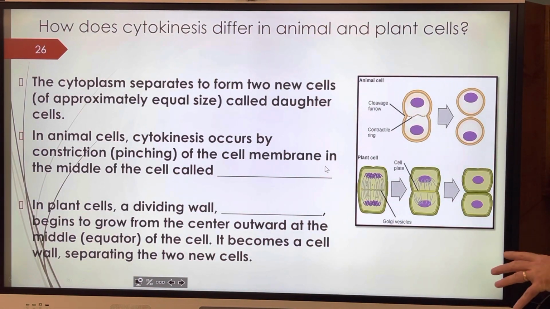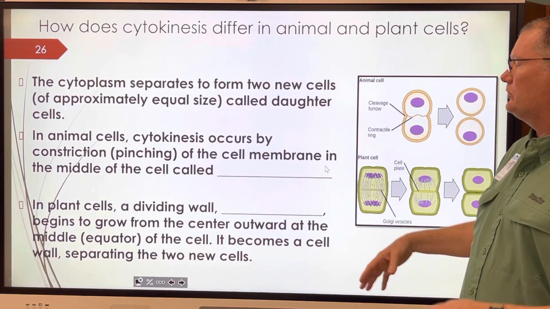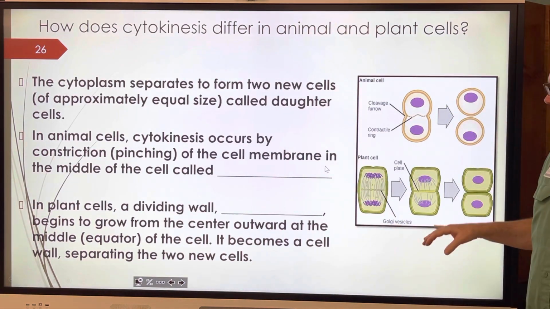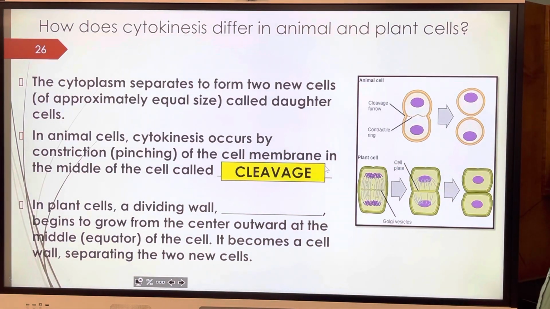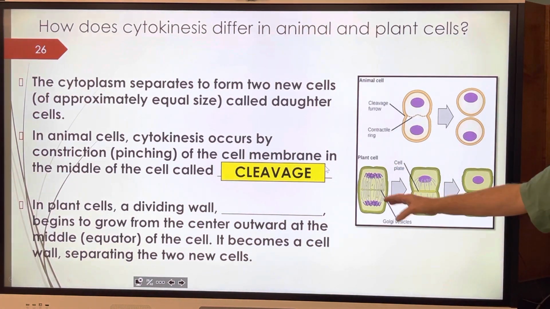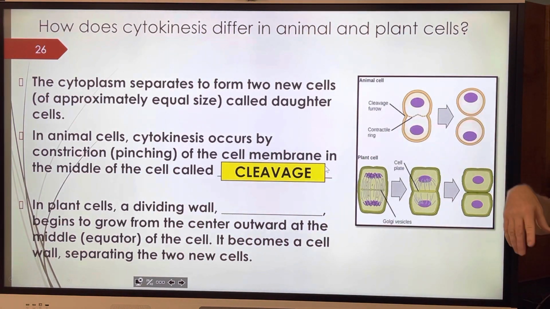How does cytokinesis differ in animal and plant cells? Well, the only real difference is that in a plant cell, you get a cell plate that forms instead. We already talked about cleavage. The cleavage furrow is a contractile ring that breaks the 2 cells apart.